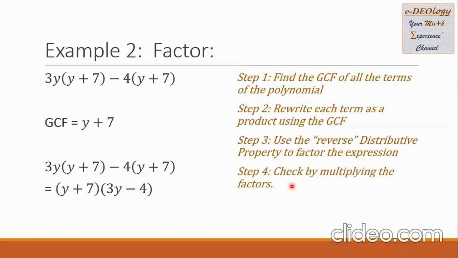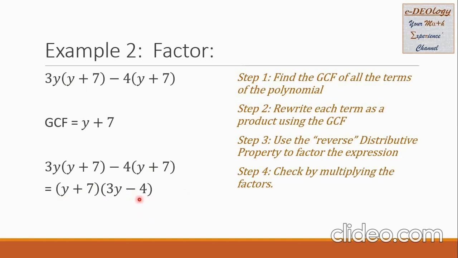And step 4, let us check by multiplying the factors. So we want to multiply these factors and hoping that we will get back the original problem. So the first group is this 3y times the GCF. So this is our 3y. If I multiply by the GCF, I will get the first group here.